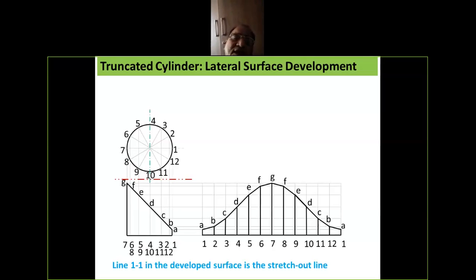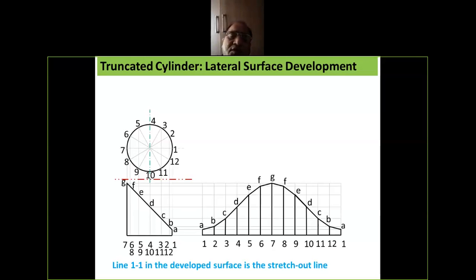Now, this is truncated by a section line A, B, C, D, E, F, G. The position of the truncation is provided in exam questions: either it may be cut from one side up by 15 millimeter, 16 millimeter, or from the other side it is cut from 7 to G, that is 30 mm, or it is given that it makes a 45 degree angle with the axis.